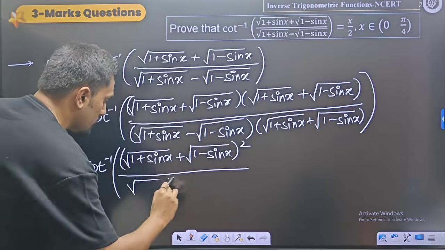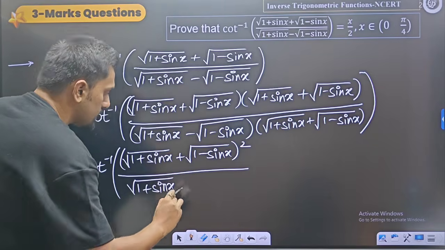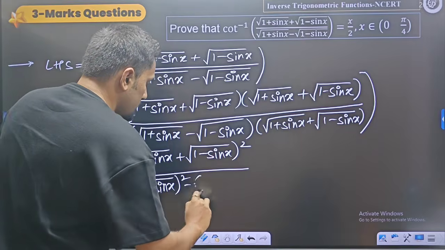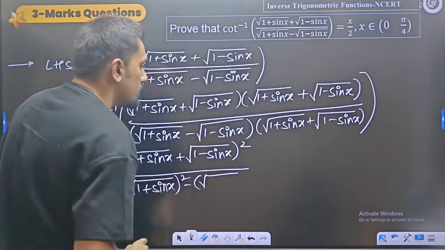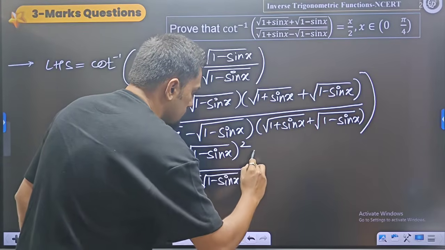Then this becomes what? a square minus b square, root of 1 plus sin x whole square minus root of 1 minus sin x whole square.